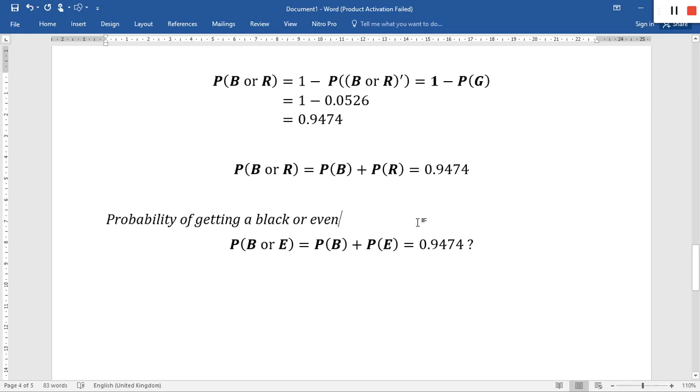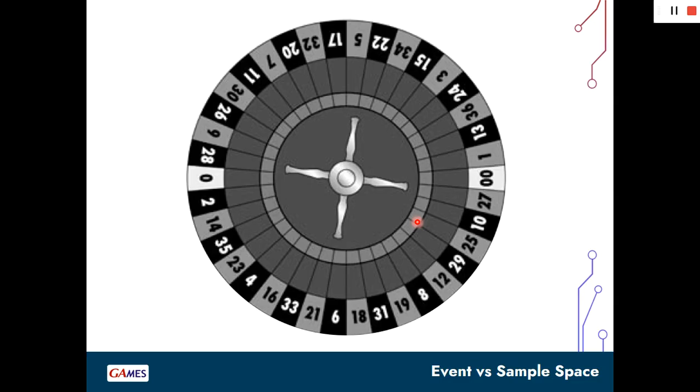Anyone with me? Okay, let's go back to the roulette board. So, you know what? Let us count all the holes that are either black or even. So let's start from holes that are black but not even. Holes that are black but not even. So okay, let's count.